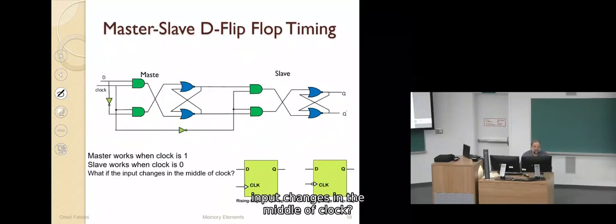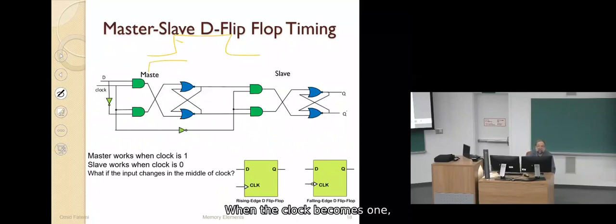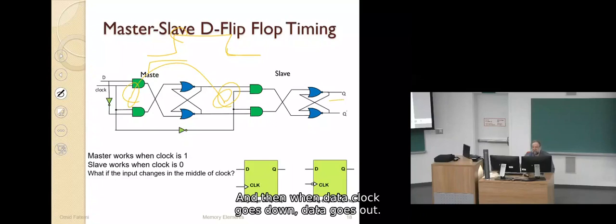What if input changes in the middle of clock? So we have a clock, and then the data, for example, before the clock going high, the data is 1. So when the clock becomes 1, this data comes to the middle, and then when clock goes down, data goes out. Okay, that was master-slave.